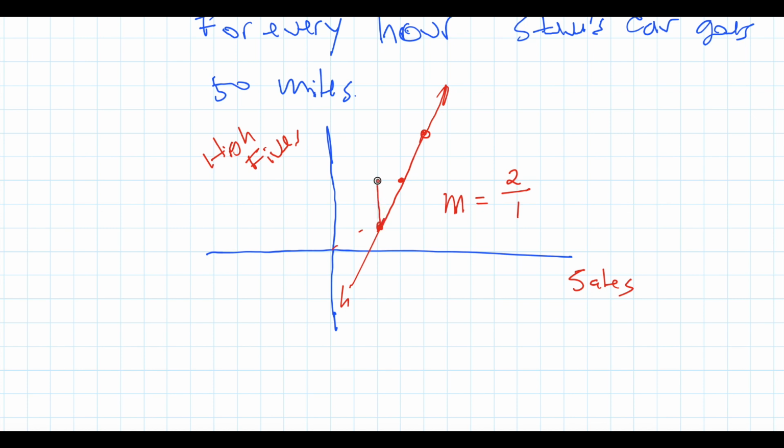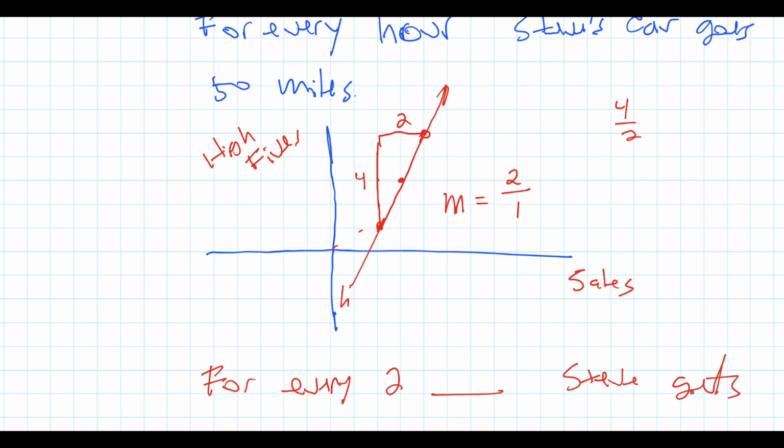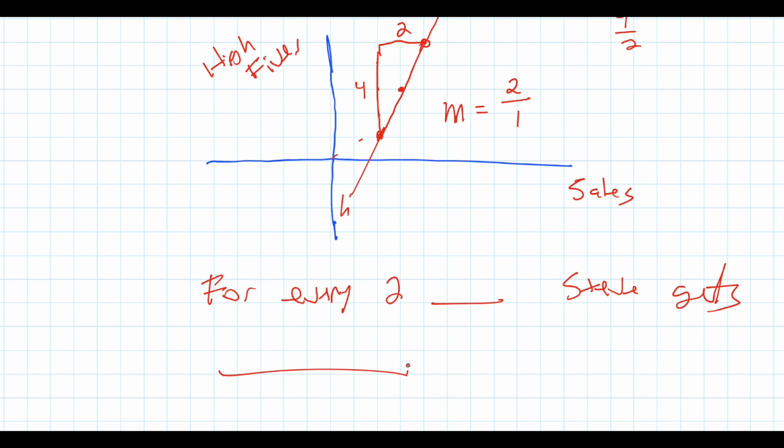You could have said the slope is 4 over 2, right? And then you would write for every 2 sales, Steve gets 4 high fives.